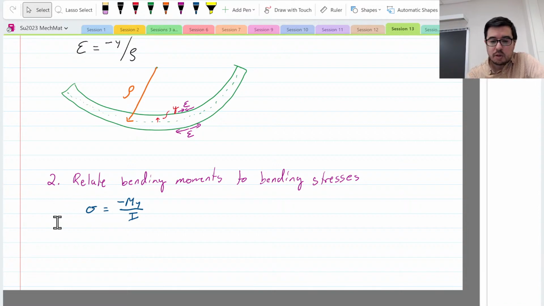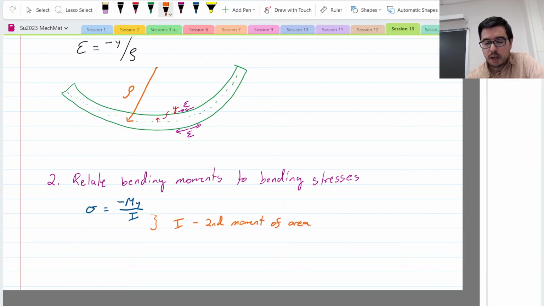A little bit more, so this I that we have here, I is maybe a new term. This is the second moment of area. And you can kind of see if I is bigger, then the stress will be smaller. So I is related to how much a beam is going to resist the bending.